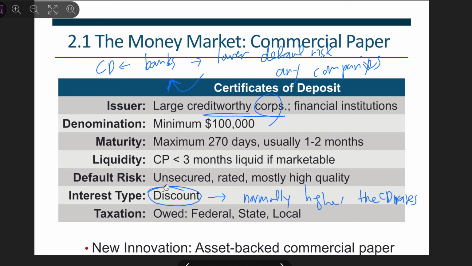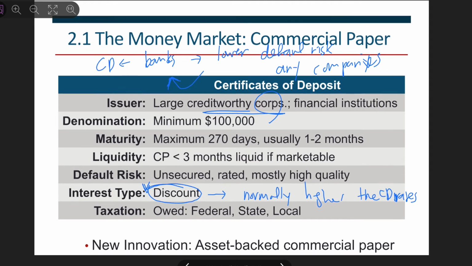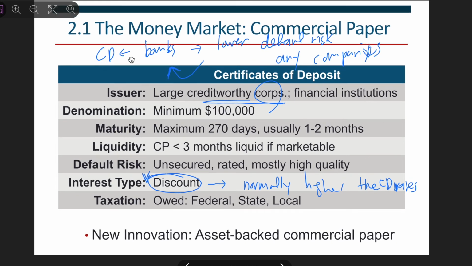They're giving more in return, but the credibility is a little lower than a bank, and the default risk is a little higher than a bank. So CD, CP, same concept. Who's the issuer? CD from a bank, CP from a company.